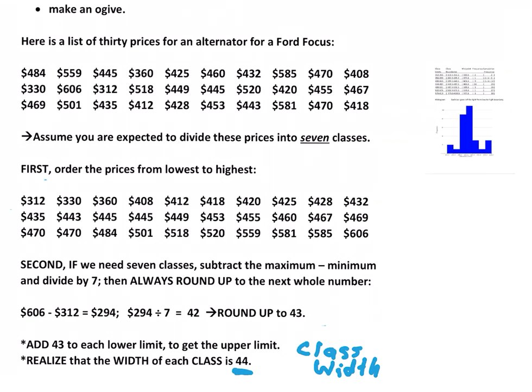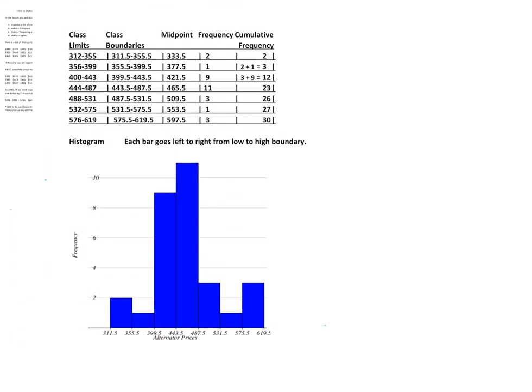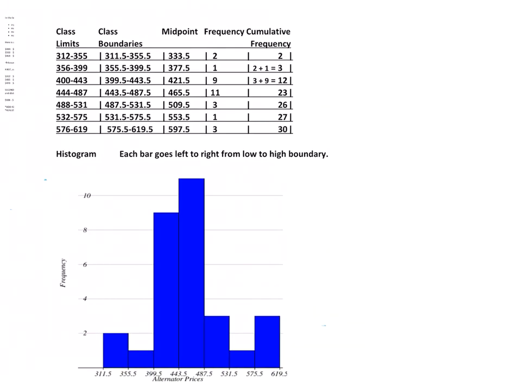Now I want to show you what the data look like when I've organized them into 7 different groupings that we call classes. So let me downsize this first page that I've got and show you now the histogram with all the data organized.